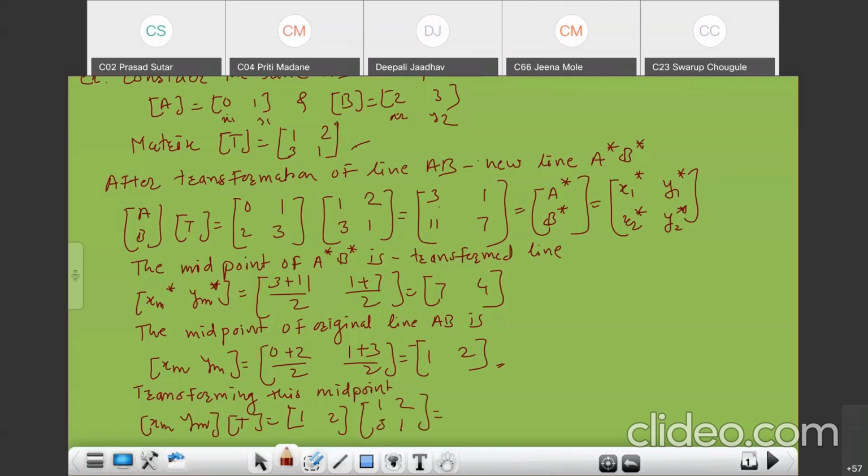Now calculate these values. 1 plus 6, that is 7. And 2 plus 2, 4. This is the transformation of the midpoint of the original line, correct? And this is the midpoint of the transformed line. I write here equation number 1 and equation number 2. Observe that equation 1 and equation 2 are both the same. Means whenever we transform a straight line into another straight line, the points are in one-to-one correspondence.